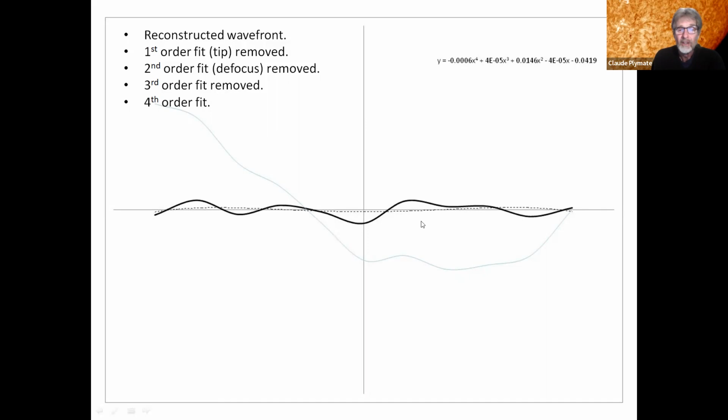There are still numerous wiggles, which would take a much higher order to take out, but perhaps for your telescope optical system, maybe we've already corrected enough, or maybe this is all the actuators you have. But you can see that rather quickly you can make improvements to that aberrated wavefront.